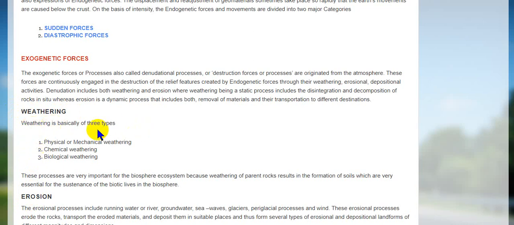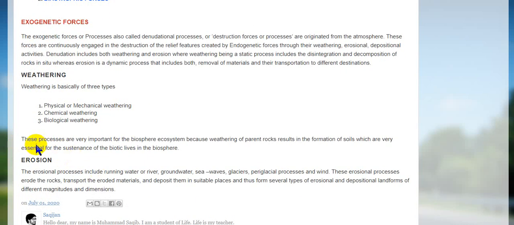Weathering is basically of three types: physical or mechanical weathering, chemical weathering, and biological weathering. These processes are very important for the biosphere ecosystem because weathering of parent rocks results in the formation of soil, which is very essential for the sustenance of life in the biosphere.